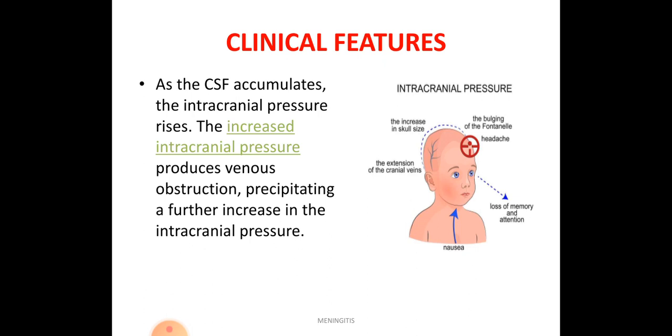So whatever deoxygenated blood is there will be drained towards the heart by these veins. But because of this increased intracranial pressure, this venous drainage is not proper. On the contrary, venous blood starts getting accumulated inside the sinuses. Clear? So the amount of deoxygenated blood will also increase in sinuses. So that will further increase the intracranial pressure.